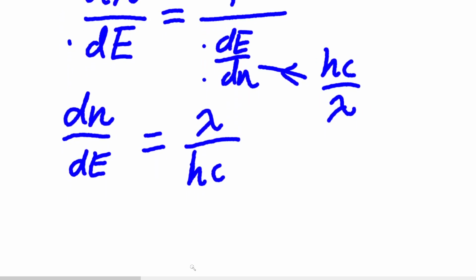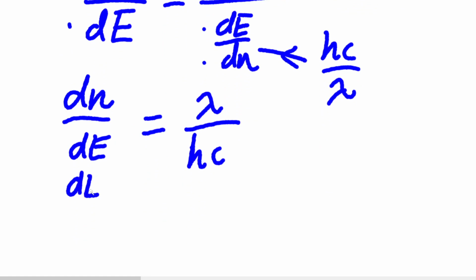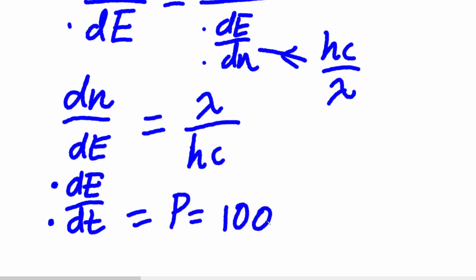The next thing to think about is that dE by dt is just 100, because it's the infinitesimally small unit of energy, dE, per unit time, dt, or power, being 100 watts.